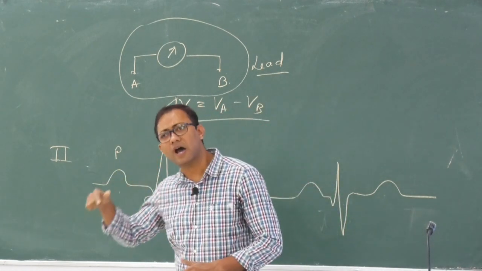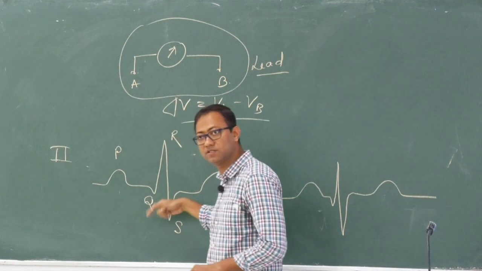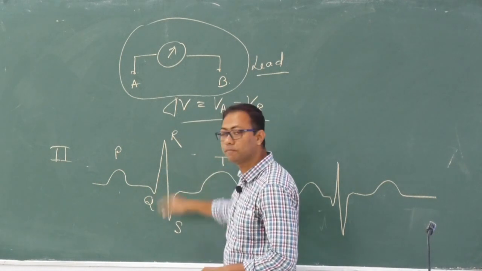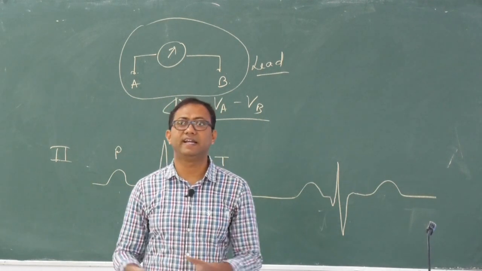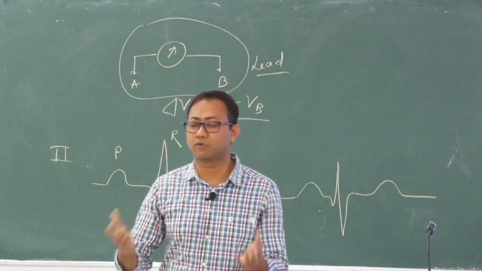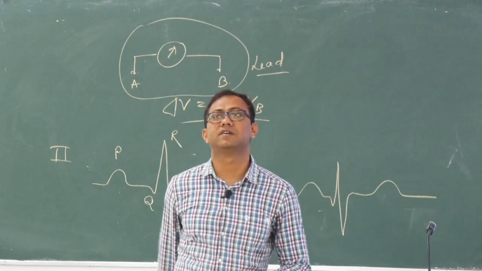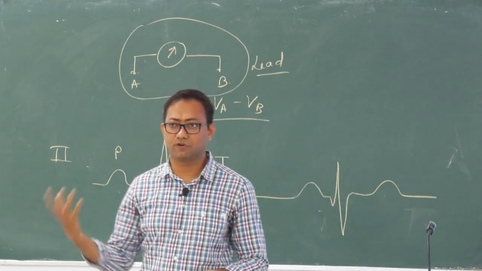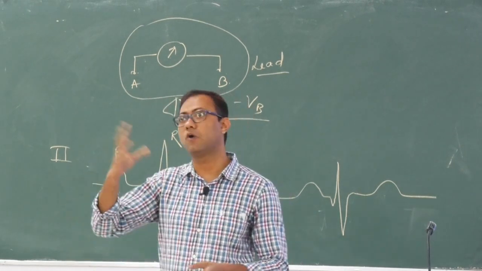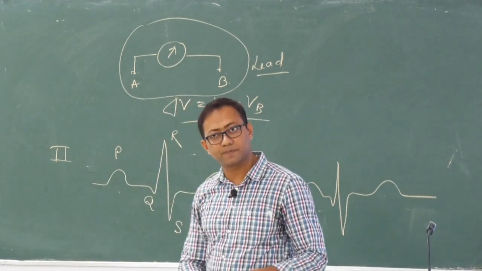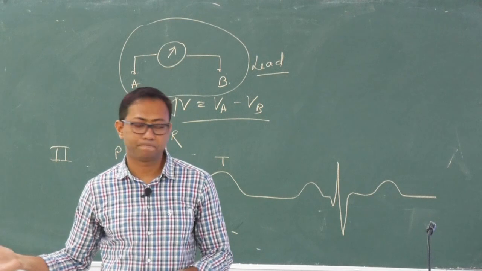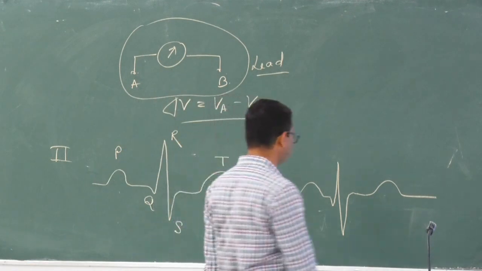Now you need to know how this P wave is generated, how this QRS complex is generated, how the T wave is generated. Right? And everything is the interplay between the action potential, which travels inside your atria, inside your ventricle. If you understand how action potential travels inside your heart, you will be able to explain this part. Right? Okay. Proceed.